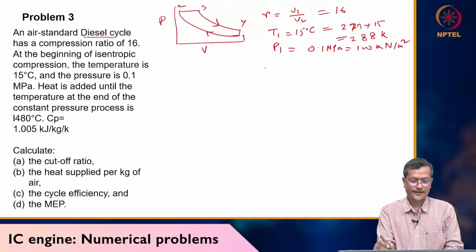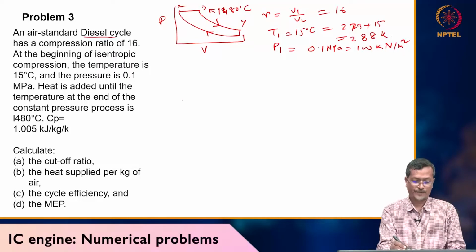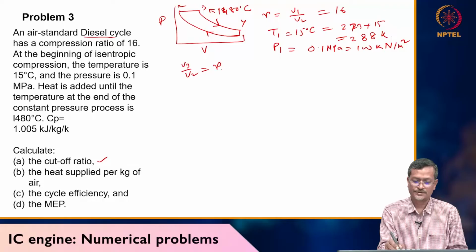Now heat is added until the temperature at the end of the constant pressure process is 1480 degrees centigrade. Cp is given. Calculate the cutoff ratio, which means V3 by V2 equals rc.